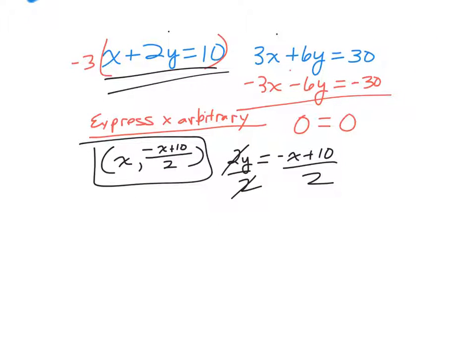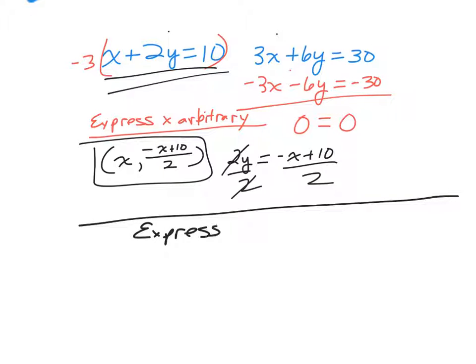Now the other thing they could do is they could say express y arbitrary. So in that case, we'll have something for x and then y.